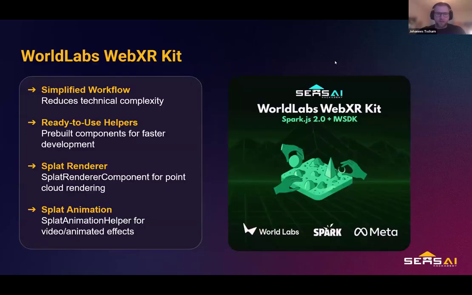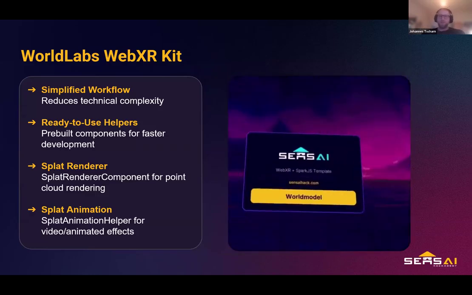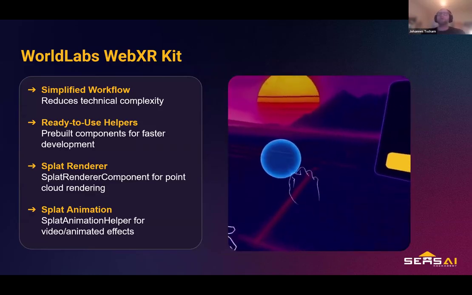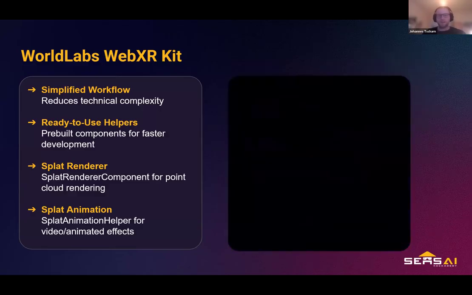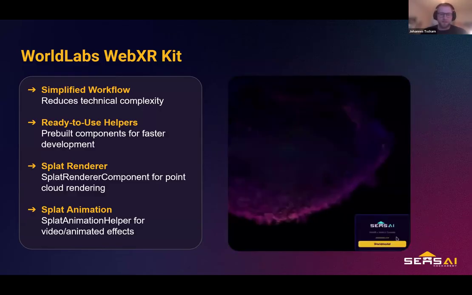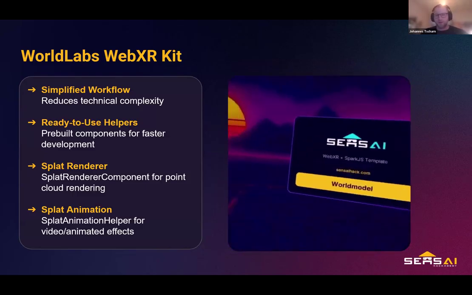This is our open source kit. Essentially, we have solved all the hard technical complexity for you already. It's pretty simple to install, and it has a couple of pre-built components for faster development.